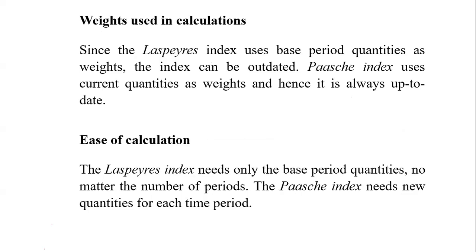Now, weights used in calculations. Since the Laspeyres index uses base period quantities as weights, the index can be outdated, whereas the Paasche index uses current quantities as weights, and hence it is always up to date. Now, the ease of calculation, the simple way of calculating the index.